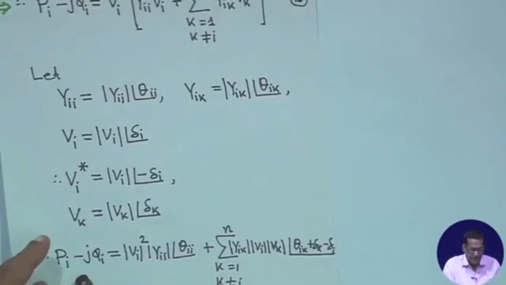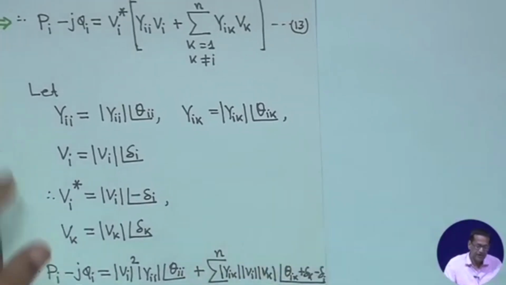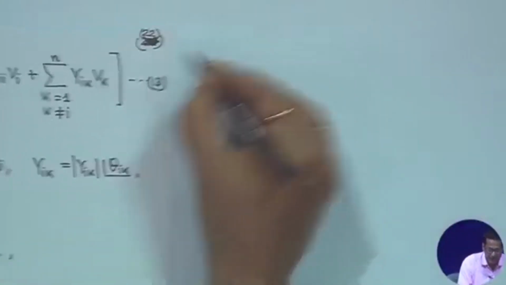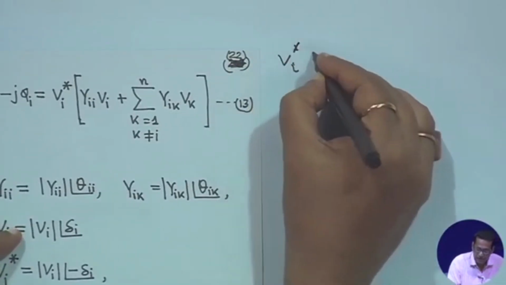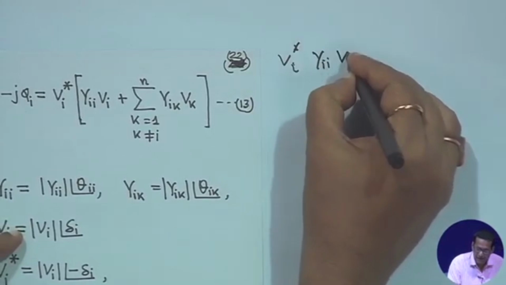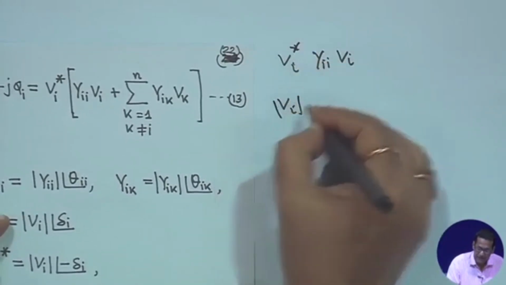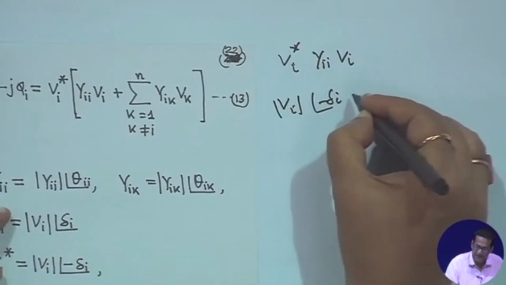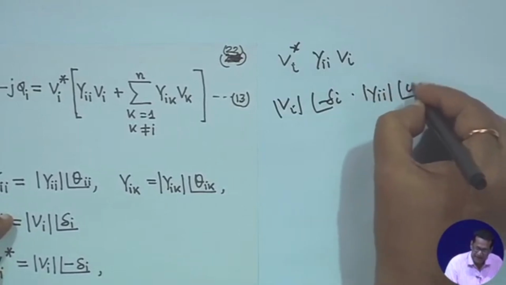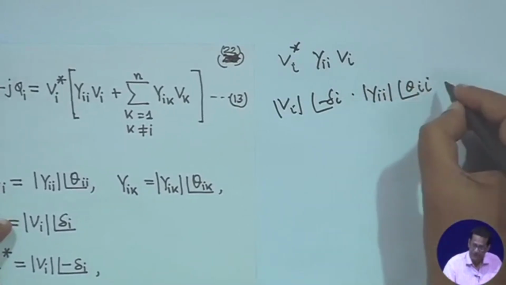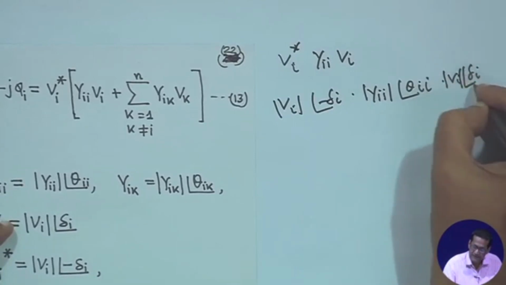What you will get for Pi minus jQi, I am showing the first term first: Vi conjugate, then Yii and Vi. So, this Vi conjugate is actually magnitude Vi angle minus delta i, and Yii is magnitude Yii angle theta ii, multiplied by magnitude Vi angle delta i.